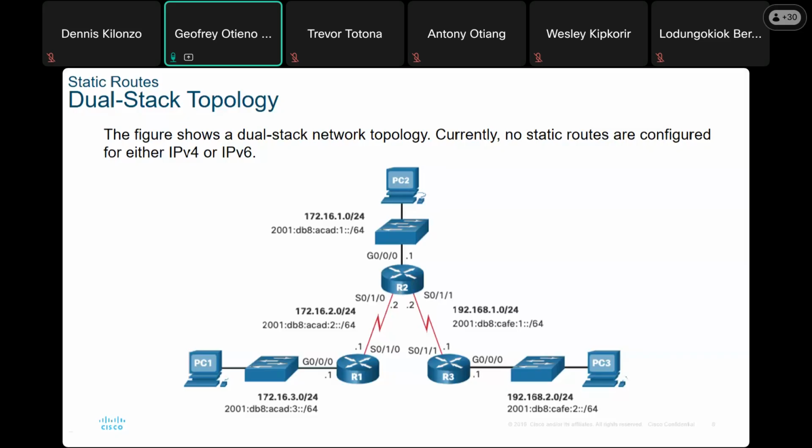Let's move back to remote networks, back to R1. On R1, how many are remote networks? So you know what I meant by remote networks. How many are remote networks as per the table?